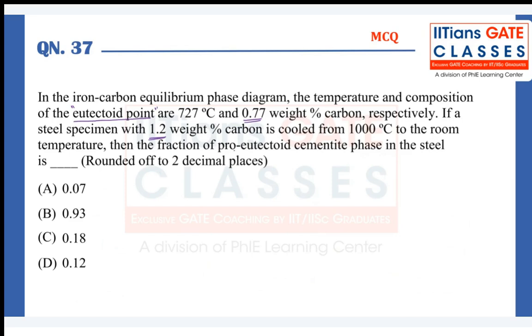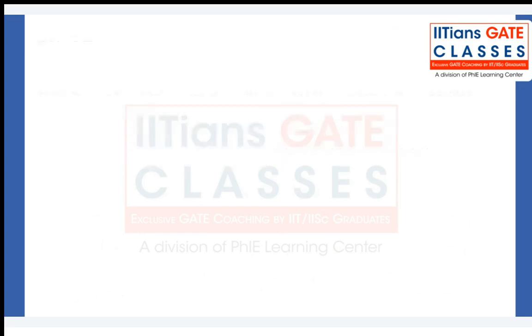Okay, right. Pro-eutectoid cementite, we need to find that. Now let us solve the question. For this, I need to draw the diagram, guys. I'll go to the next page so that it is possible for us to understand very easily.